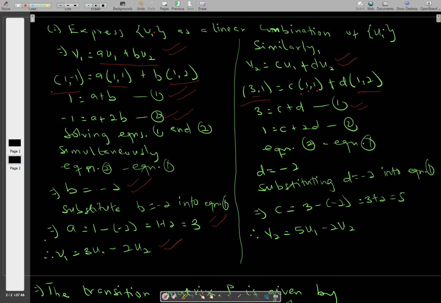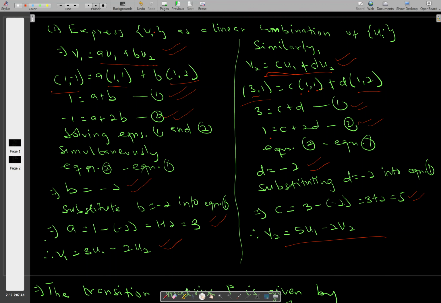Then 1 equals C plus 2D, that's equation 2. We solve equations 1 and 2 simultaneously, and we have D to be negative 2 and C to be 5. So therefore V2, which is CU1 plus DU2, is the same as 5U1 minus 2U2.